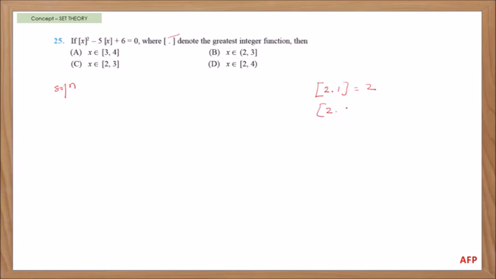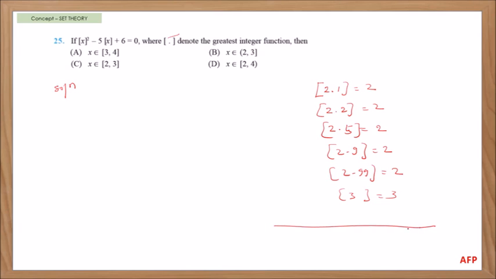Any decimal, if you take 2.2, you get 2 as the answer. The greatest integer of 2.5 is 2. Likewise 2.9 is 2 only. Even 2.99 is 2. If you take 3, then it becomes 3.